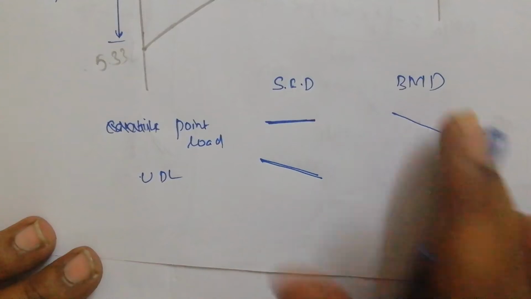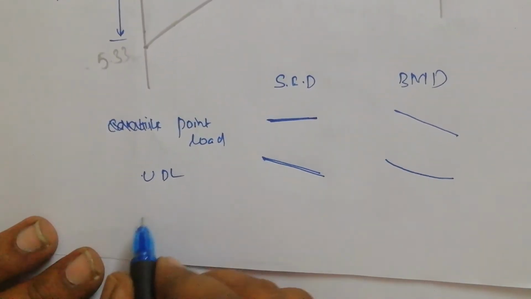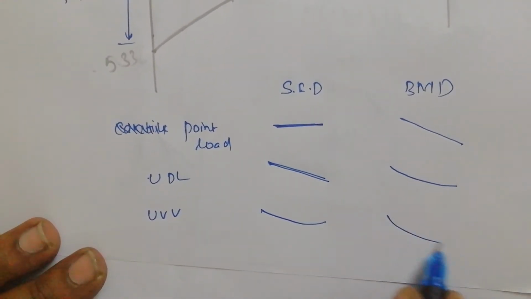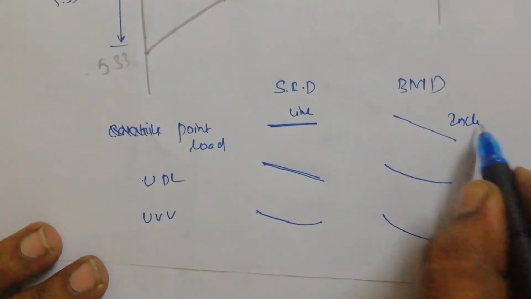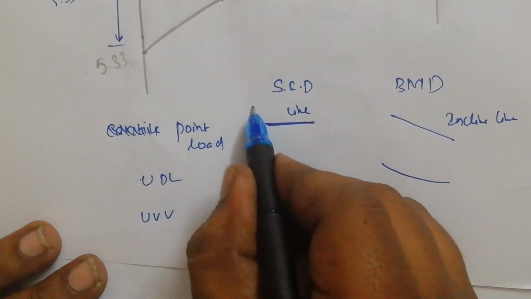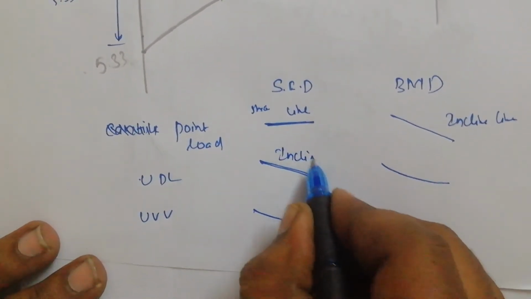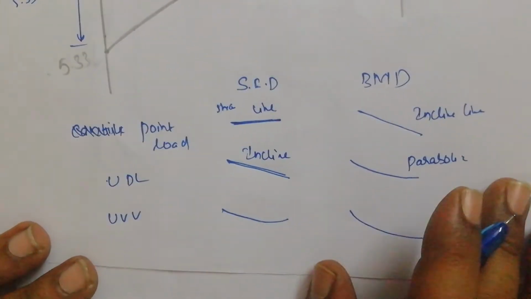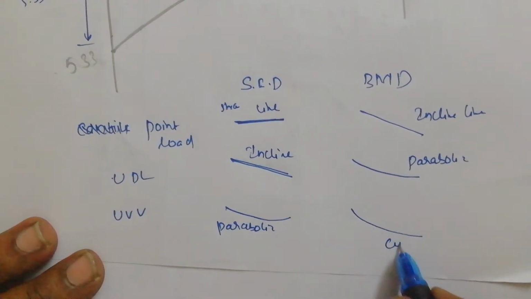In your bending moment diagram you will get a parabolic curve. If it is a UVL, in the shear force diagram you will get a parabolic curve, and here you will get a cubic curve.